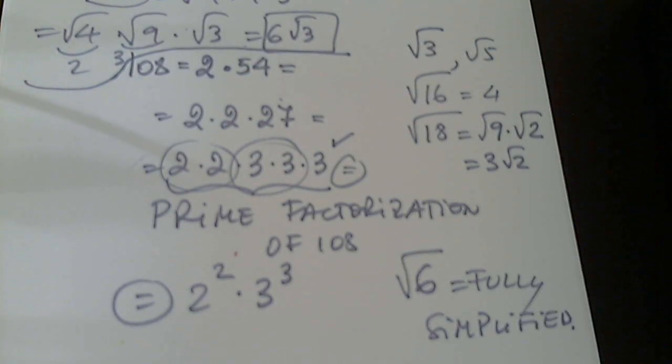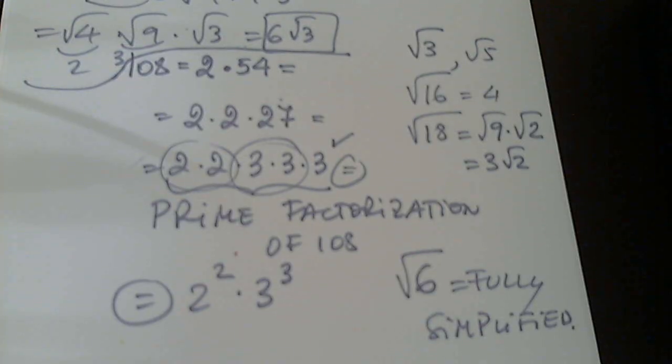A square root is simplified when its radicand has no factors other than 1 that are perfect squares. Correct. So here, this is a trap. The radicand may not be prime, and the radical is fully simplified. So careful with that. So here we have 36, and we check, and it's correct.